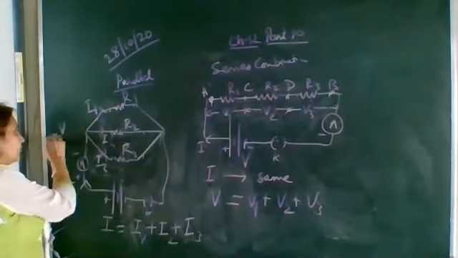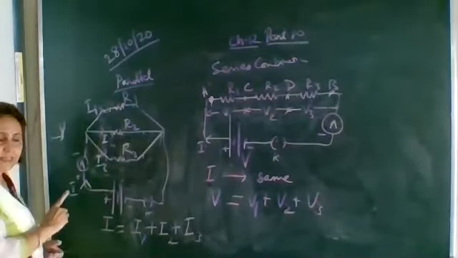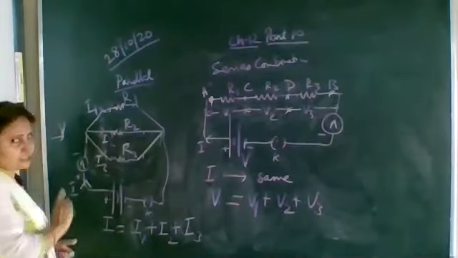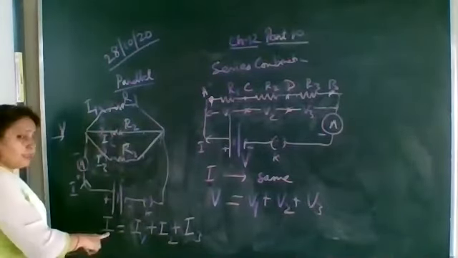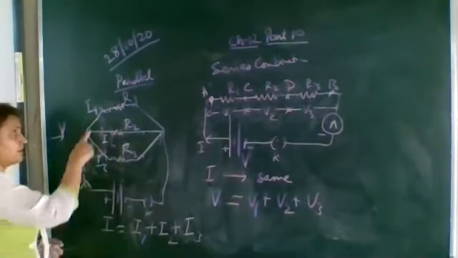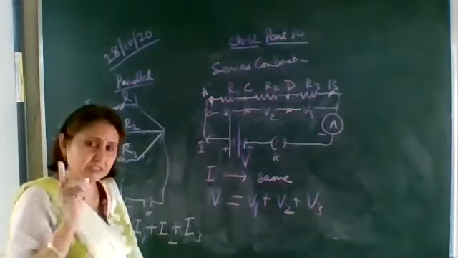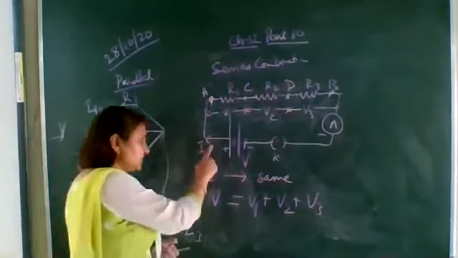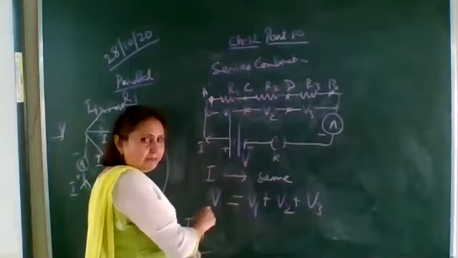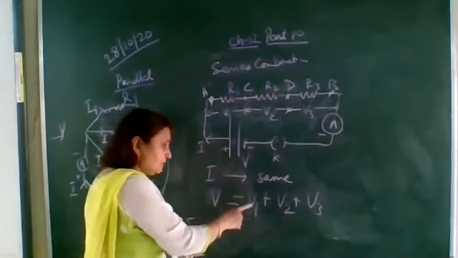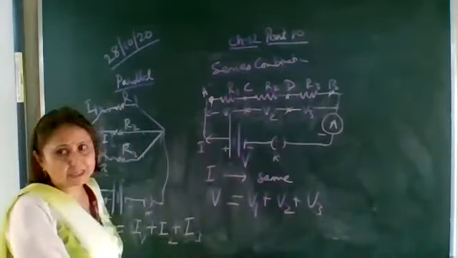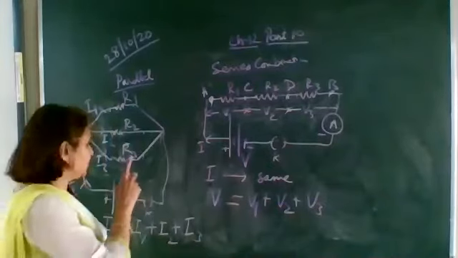So here the voltage or the potential difference across each resistor is the same, whereas the current given by the battery will be equal to the sum of the currents through the individual resistances. This is in parallel combination. In series combination, the total potential difference given by the battery will be equal to the sum of the potential differences developed across each resistor.